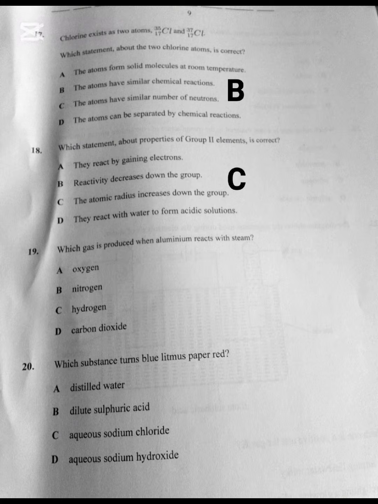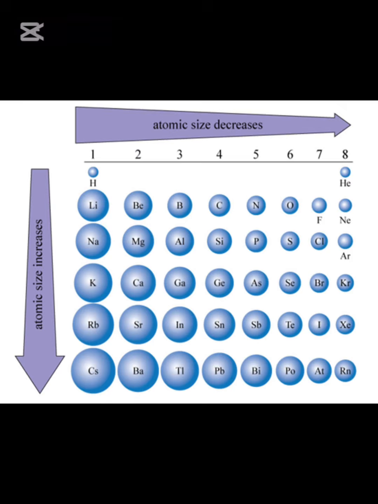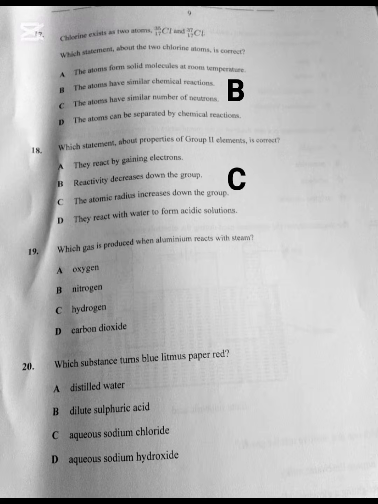So the atomic radius increases as you move down the group 2 elements on the periodic table because the number of electron shells increases, which is going to push the outermost electrons further away from the nucleus with each new shell added. This is a consistent trend in group 2 elements. Let us proceed to number 19.